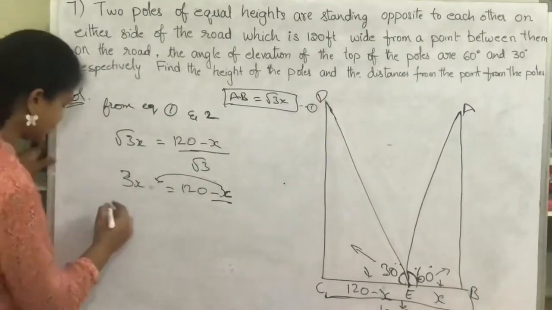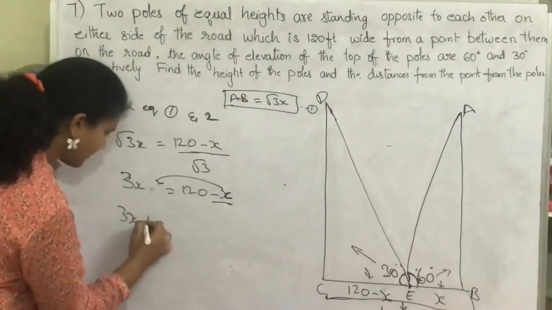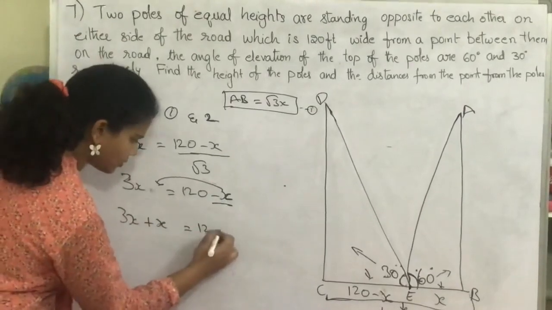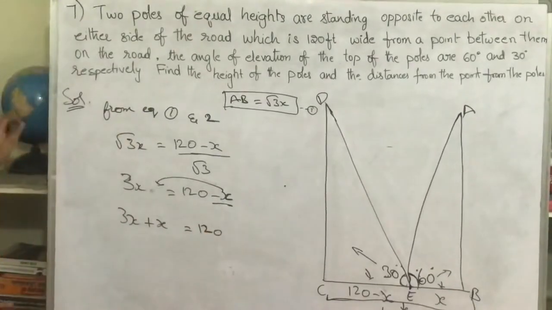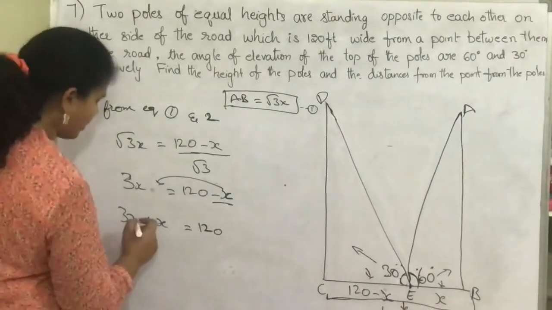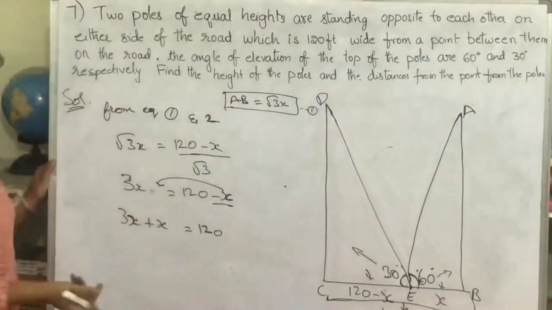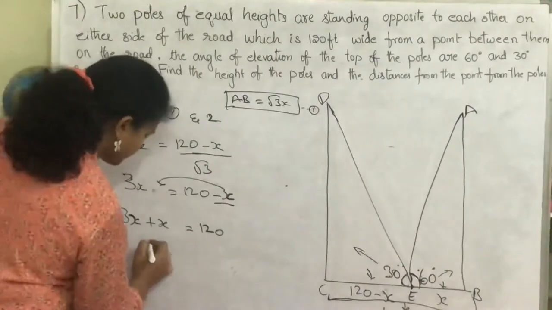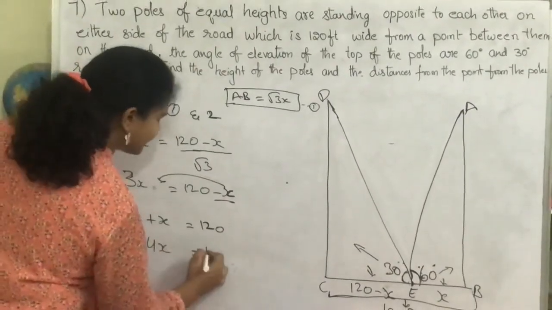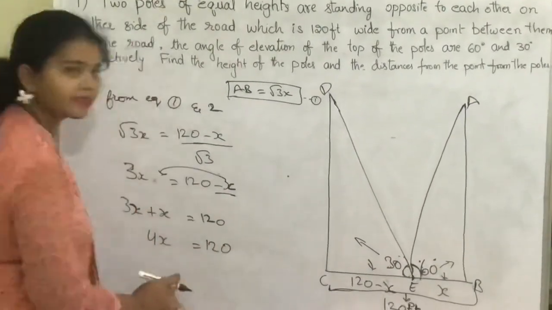This becomes plus x. Root 3x plus x equals 120. Done? Now here root 3x plus x gives 4x. 4x equals 120.